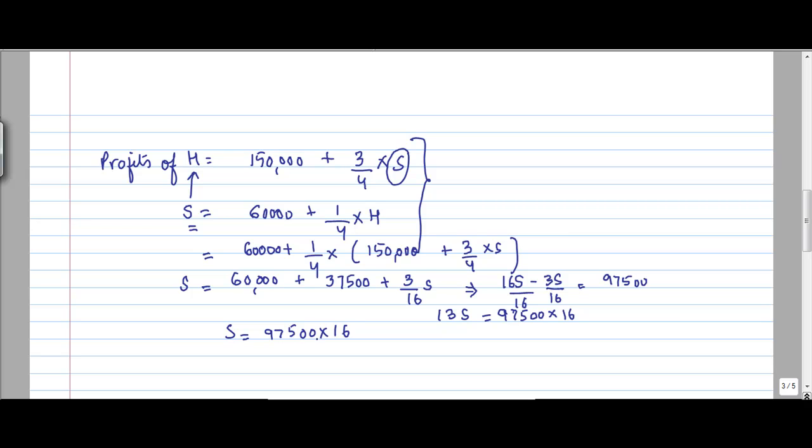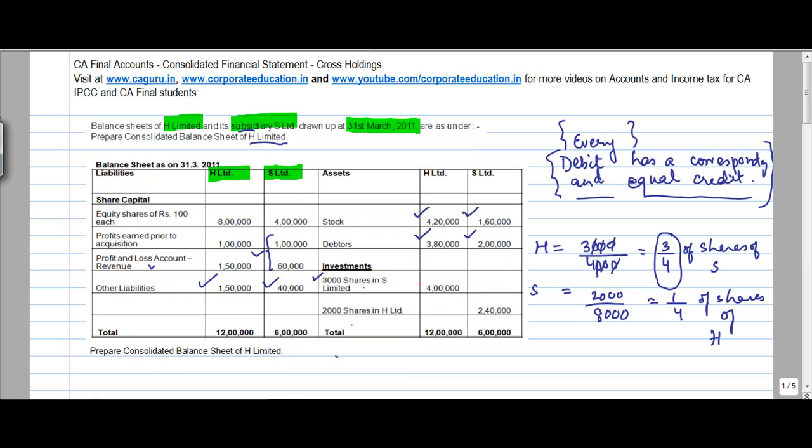8,500 into 16 divided by 3. So this becomes 1,20,000, right? But we know that the total profits of H plus S is equal to how much? 1,50,000 plus 60,000, right?